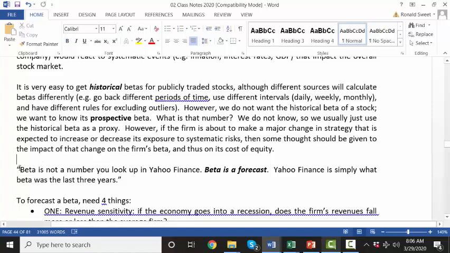So this is one of my famous quotes. Beta is not a number you look up in Yahoo Finance. Beta is a forecast. Now I say Yahoo Finance is simply what beta was the last 3 years. They just recently changed this, and so now it's actually the last 5 years. I don't know why they changed it. They keep changing it. This is the third time they changed it.